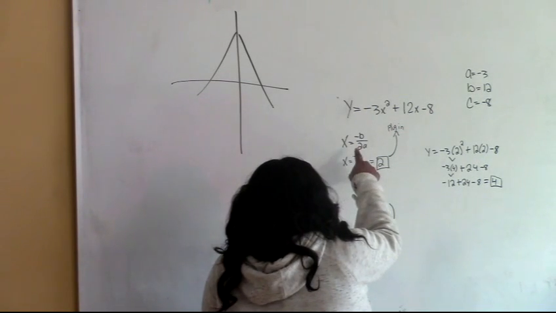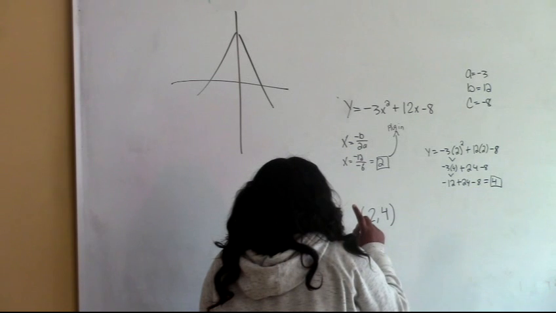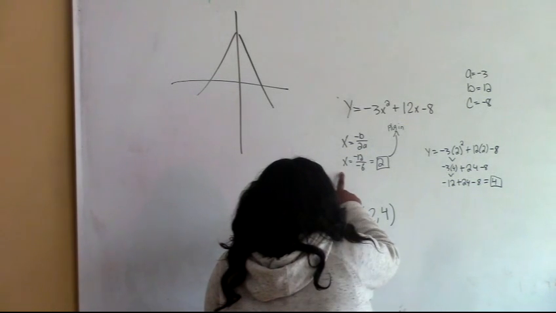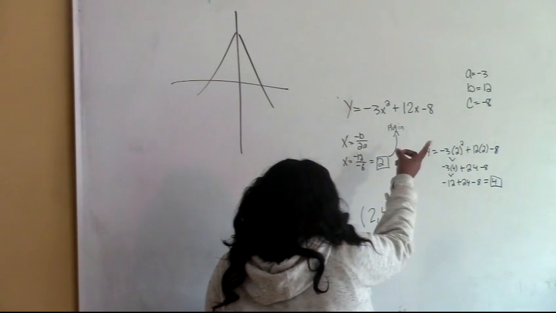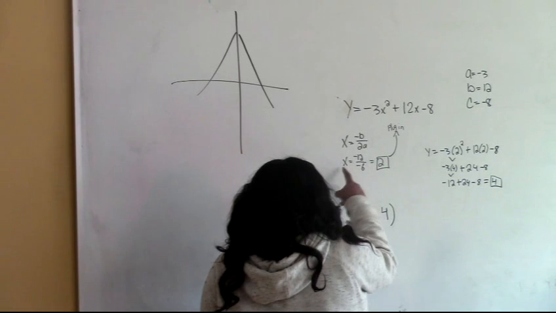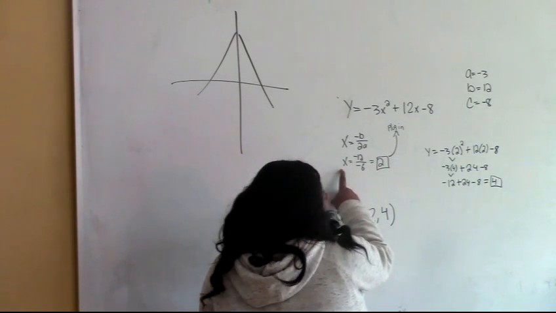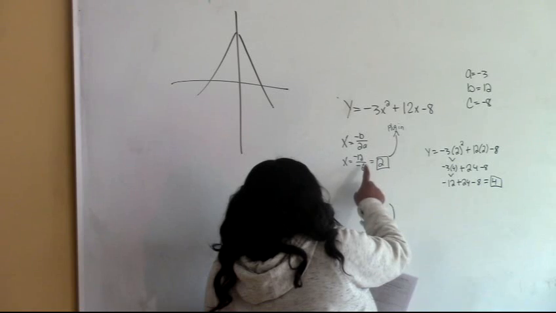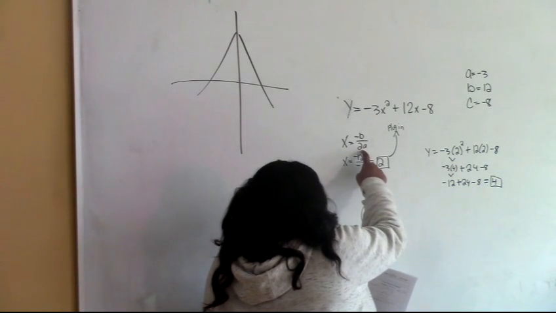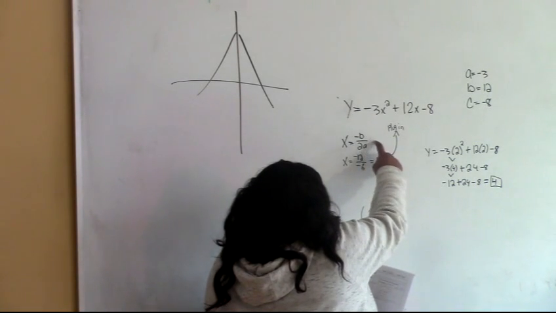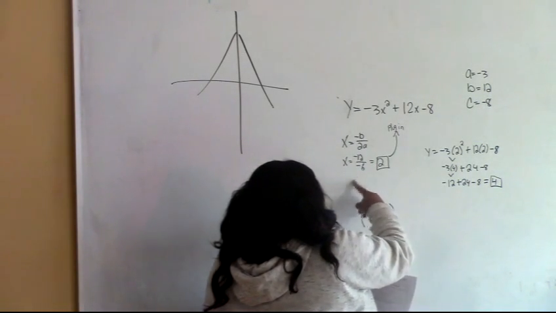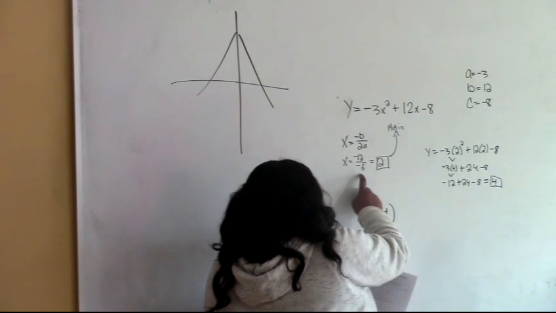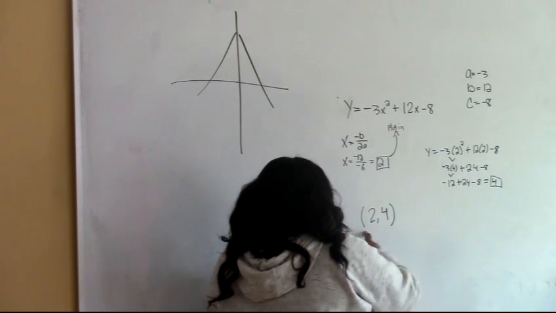I use x equals -b over 2a. So B is 12, so I plug that in. -12 divided by 2 times -3, which is -12 divided by -6, is 2.